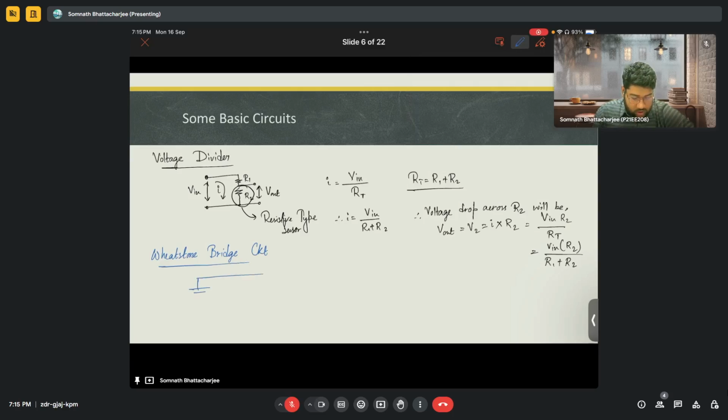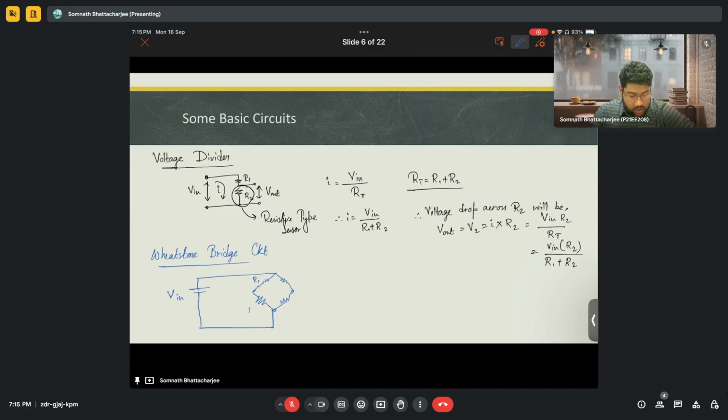There's a voltage source here. There will be resistances attached with it. This is the voltage source or V in.